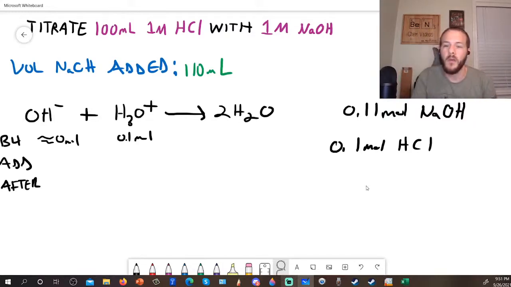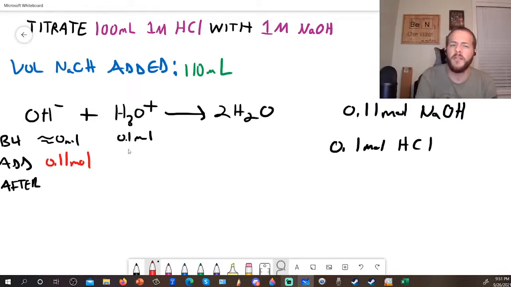Okay, so we have 0.11 moles of sodium hydroxide, 0.1 moles of our HCl, right? So our addition in this case is 0.11 moles of hydroxide ion. So now the amount of hydroxide that we're adding is actually greater than our existing amount of hydronium ion.